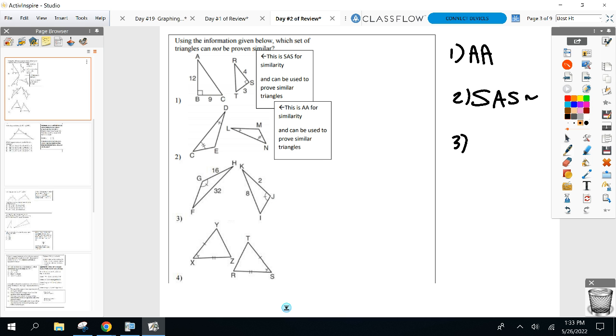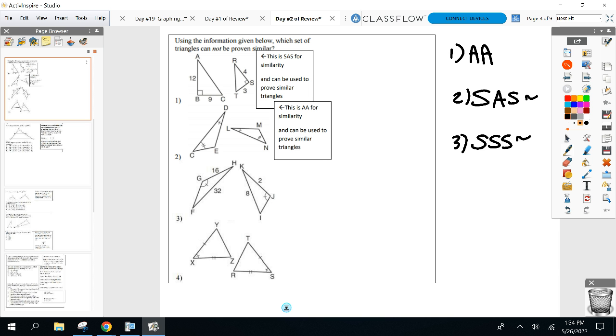The sides have to be in proportion. The angles in between congruent. And then there was a third one. What? Side. All 3 sides are in the same ratio. Yes, all 3 sides are in the same ratio.